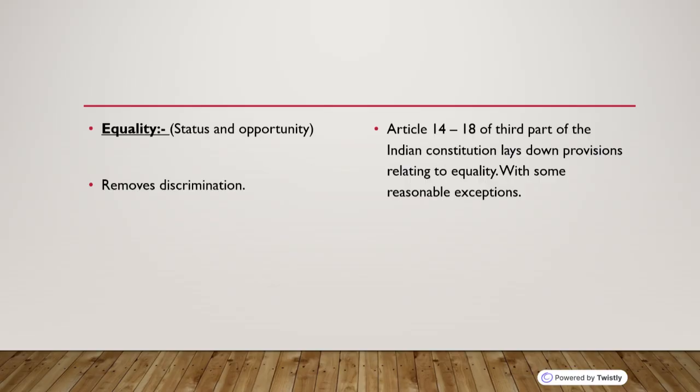Articles 14 to 18 of the third part of the Indian Constitution lay down provisions relating to equality, with some reasonable exceptions, which we already know about. We previously talked about the exceptions, like the reasonable restrictions. So the same will be implemented here.